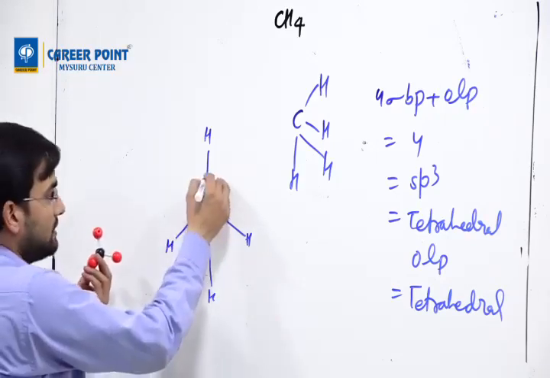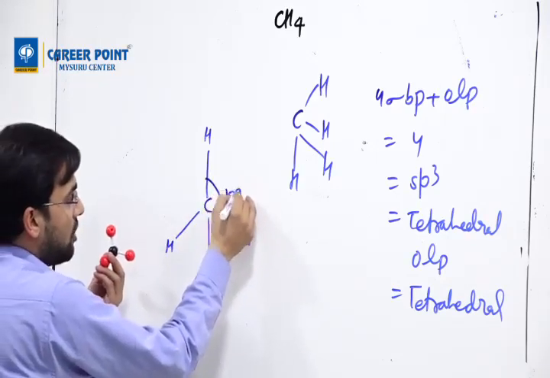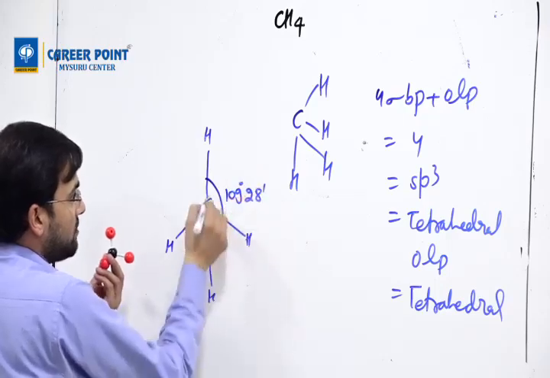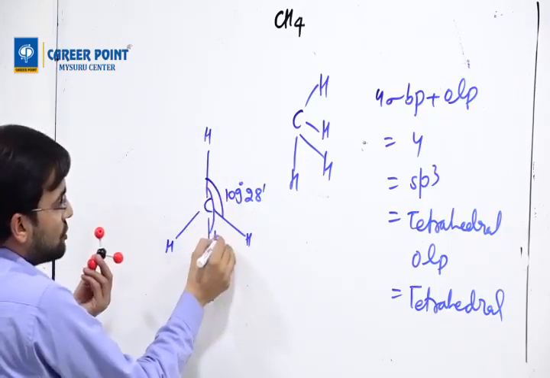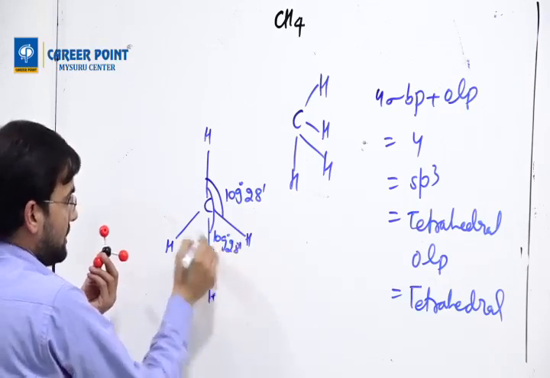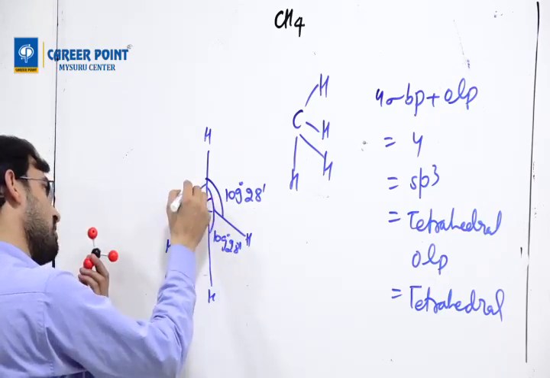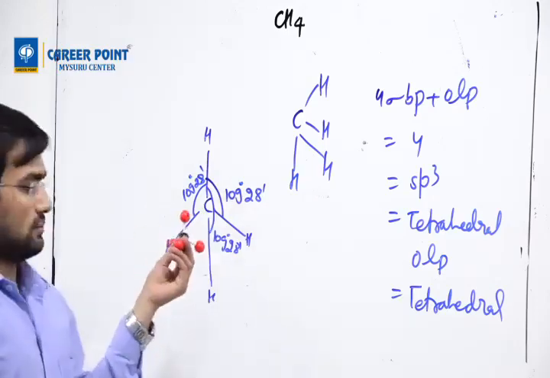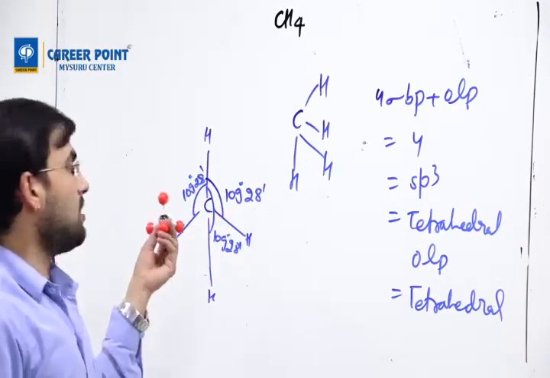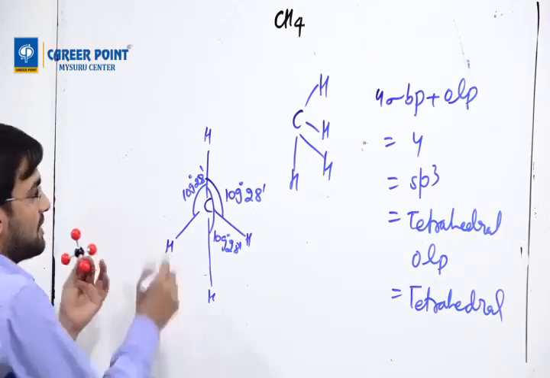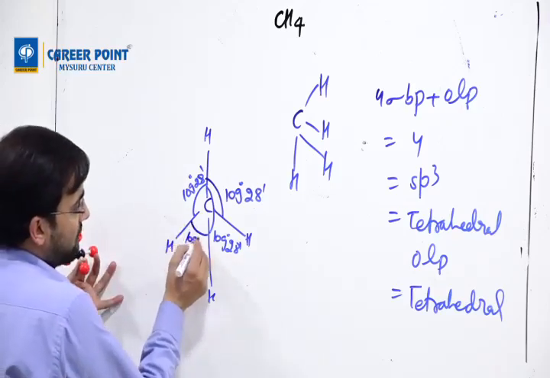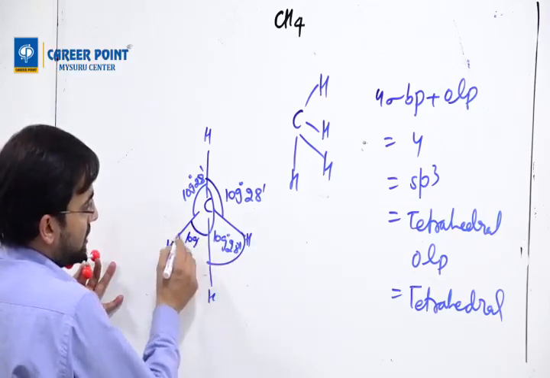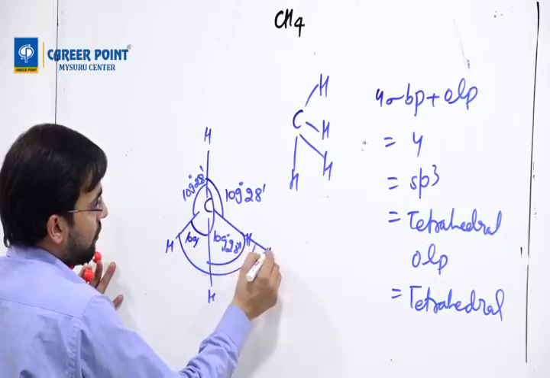That means what? This angle is 109 degree, 28 minutes. This angle is also 109 degree, 28 minutes. This angle is also 109 degree, 28 minutes. There are not only 3, total there are 6. This is also 109. This is also 109. This whole is also 109.